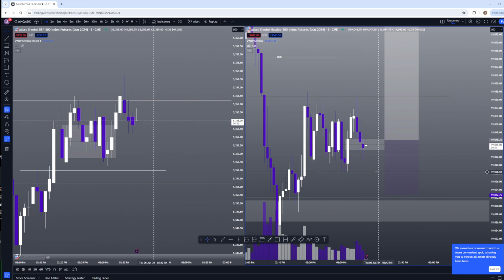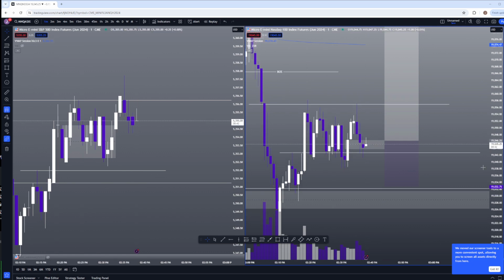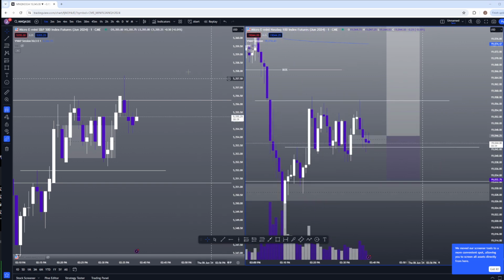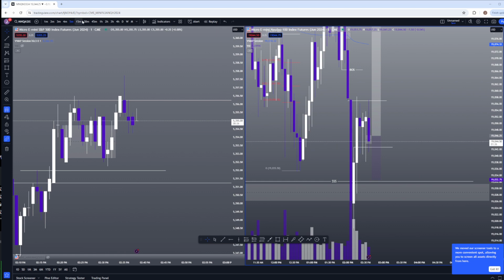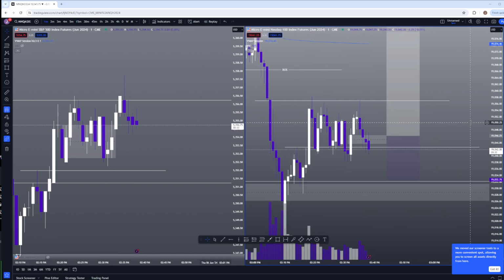Okay, so we're still respecting that 1 minute fair value gap. But I just don't really want to trade while we're in this accumulation range here. Give me 1 sec, guys.